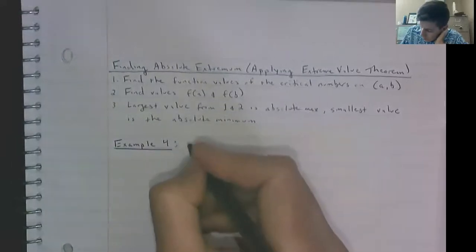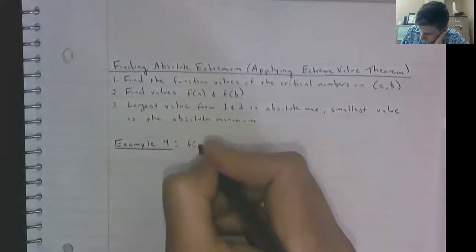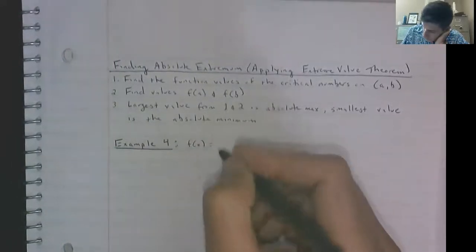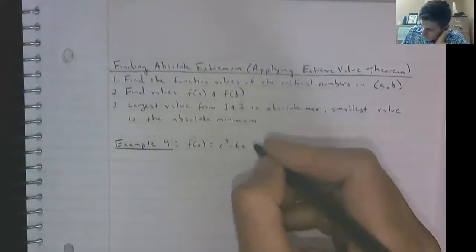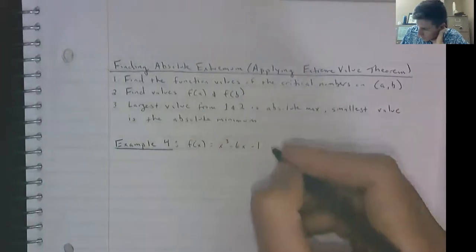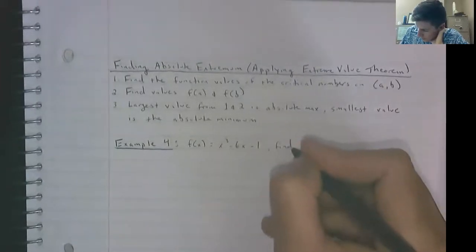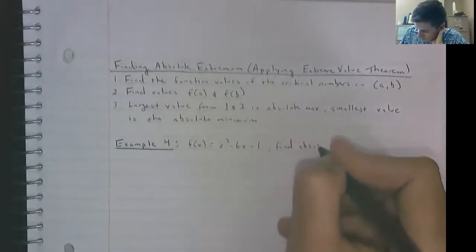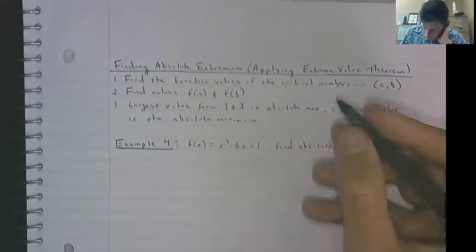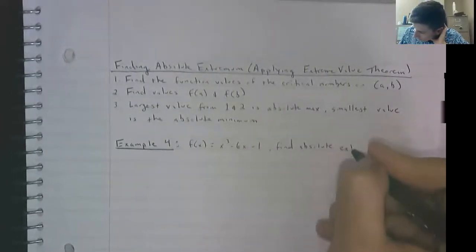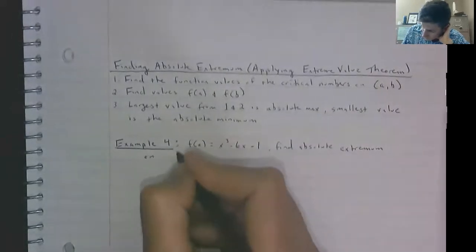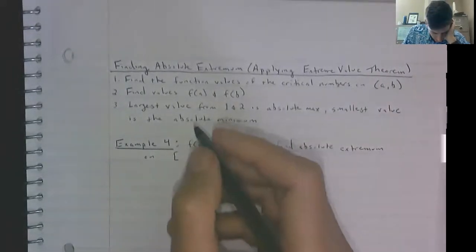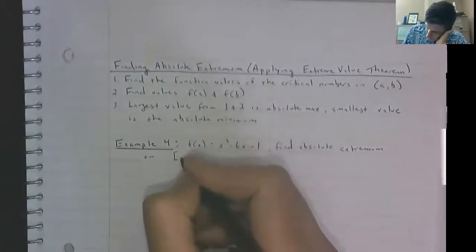If f of x is equal to x cubed minus 6x minus 1, find the absolute extremum on the interval between -2 and 3.